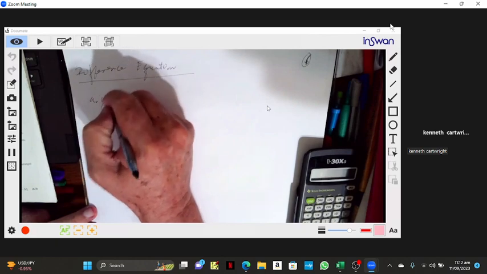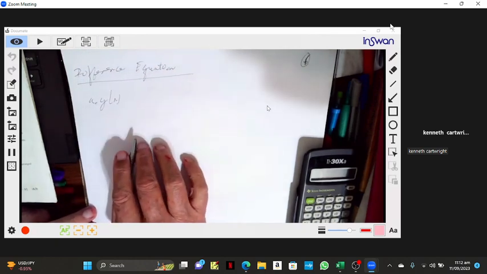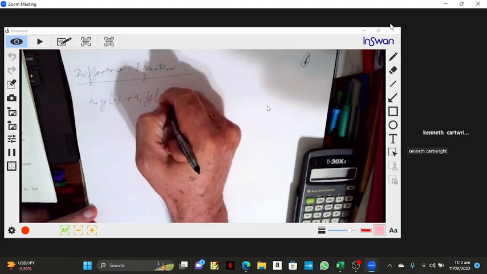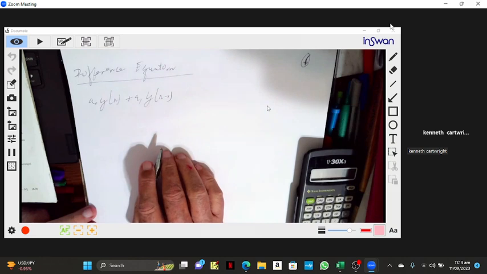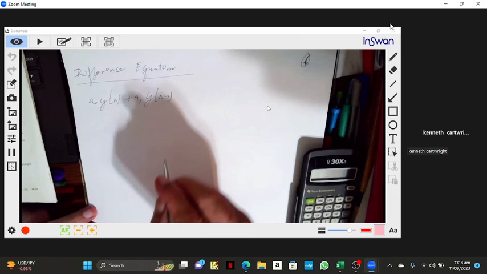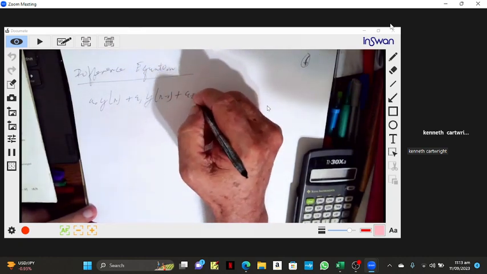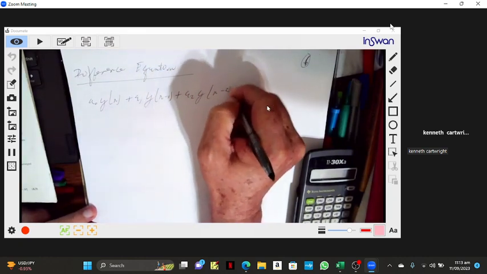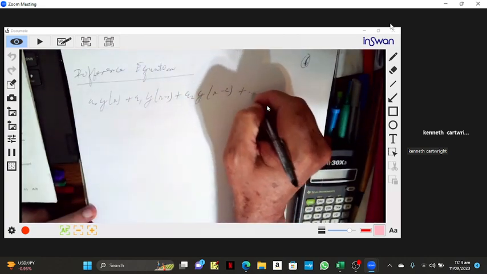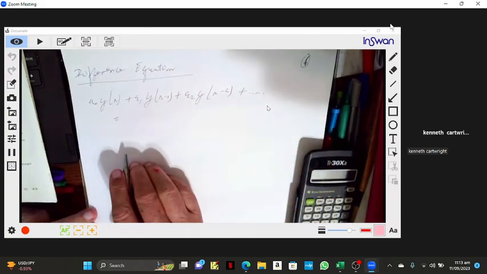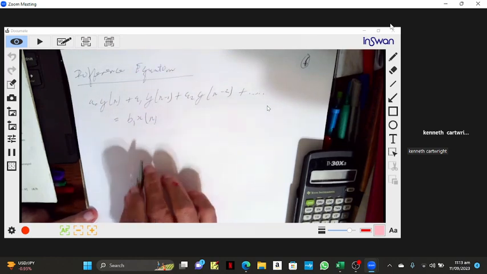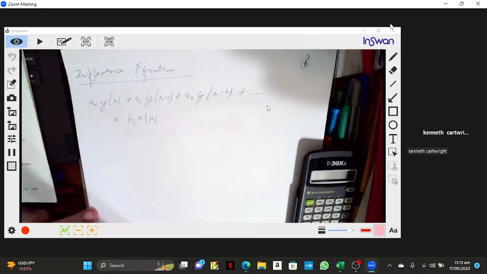Generally, y of n is the output. Y of n minus 1 is the output delayed by 1 sample. Y of n minus 2 is the output delayed by 2 samples. This could go on forever. And that's equal to b1 x of n. X of n is the input signal.